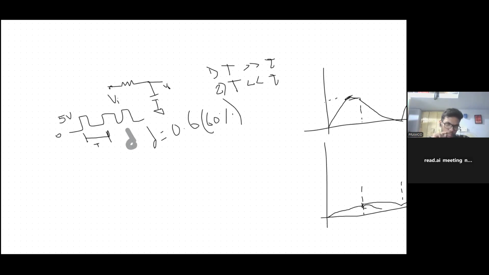P1, and P2 equal to 0.4 times T. So by this we can simply get the average value, 0.6 times T times 5 divided by T, so it is having the DC value of 3, right?